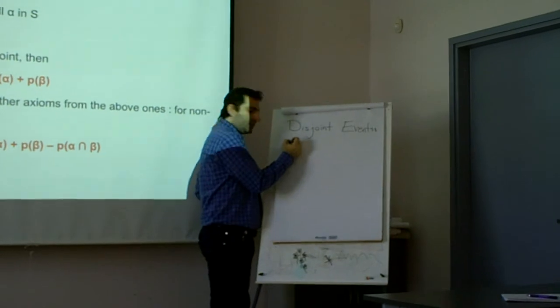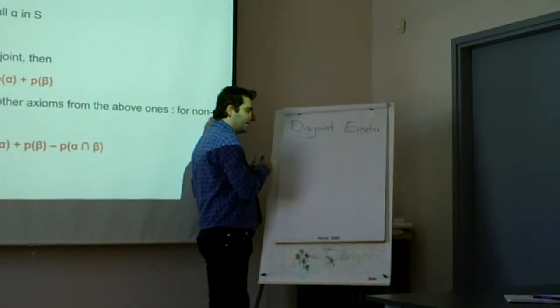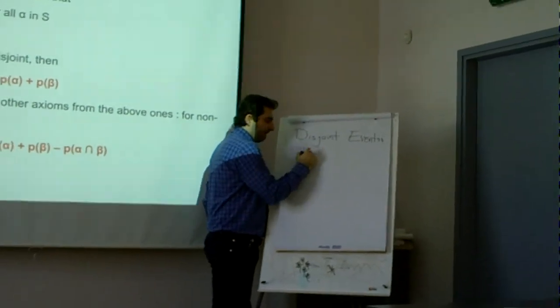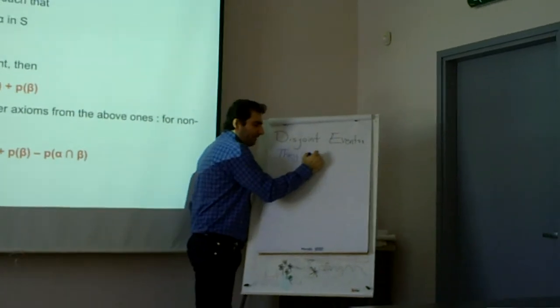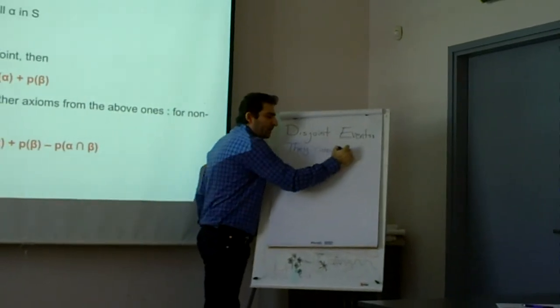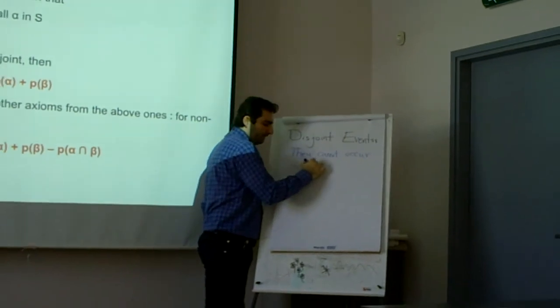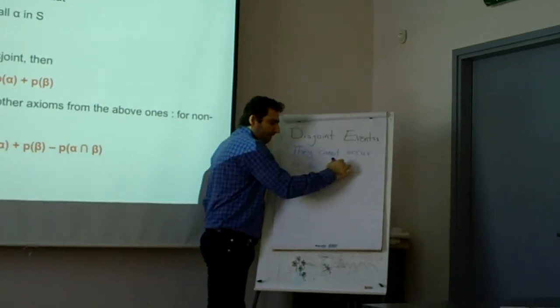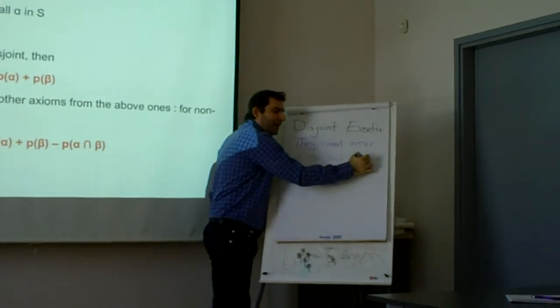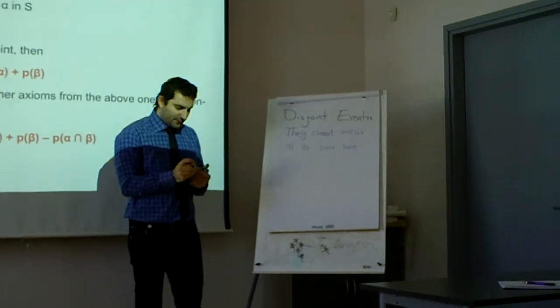What is the meaning of disjoint events? They cannot occur at the same time, like head and tail in the example of the coin.